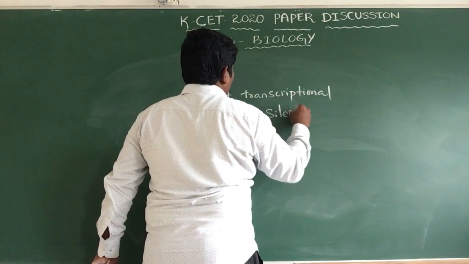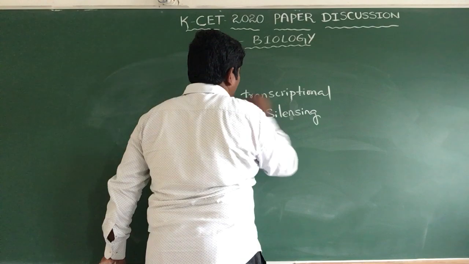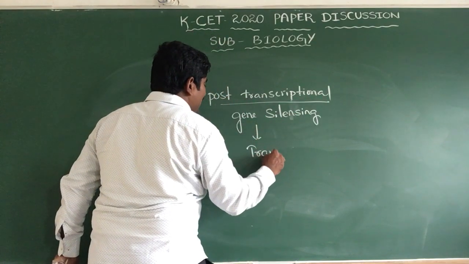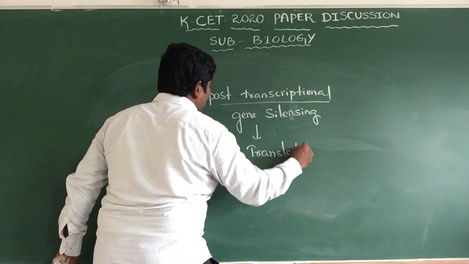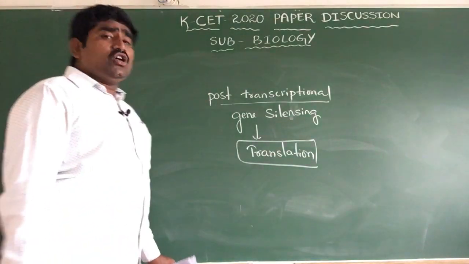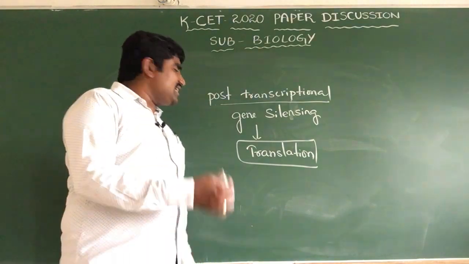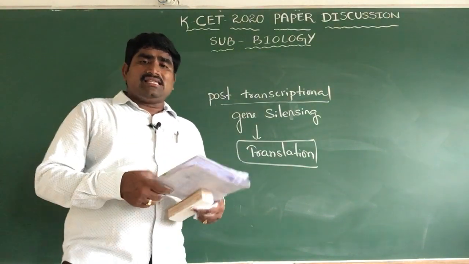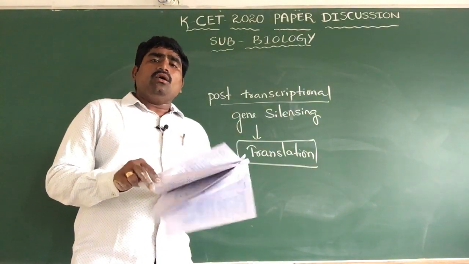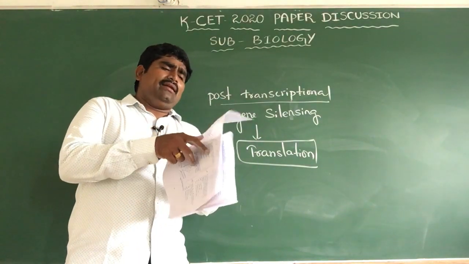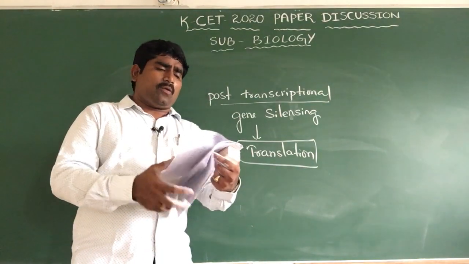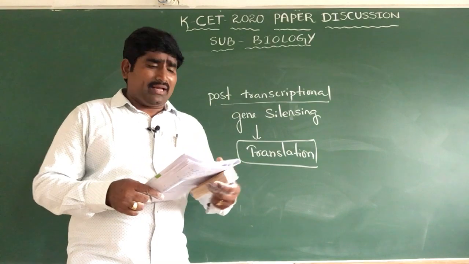In this, after transcription, translation has to happen. So post-transcriptional gene silencing means translation will be stopped. That is the function of dsRNA used in RNA interference. When translation is stopped, the mRNA cannot produce any protein, right?